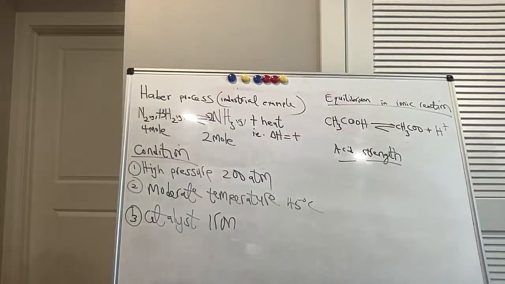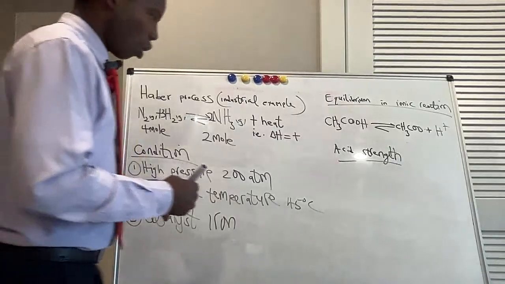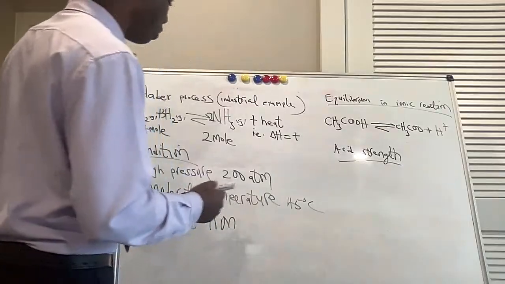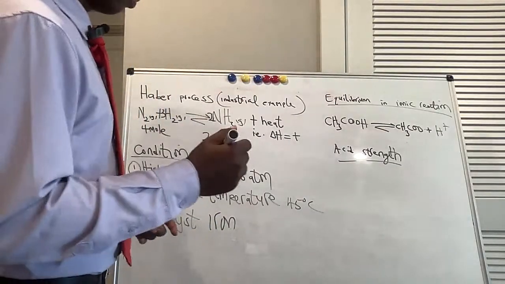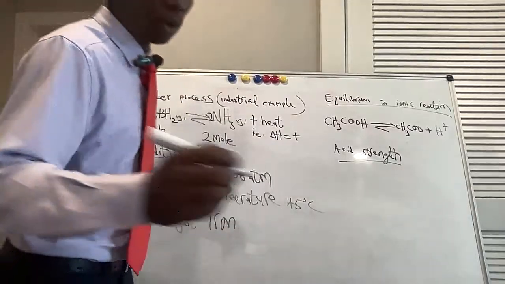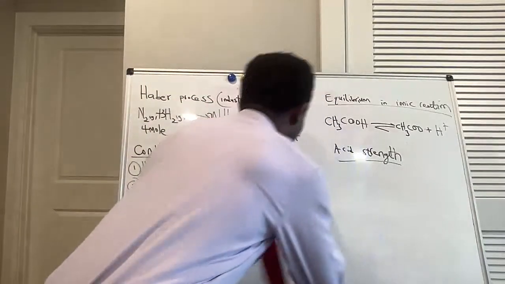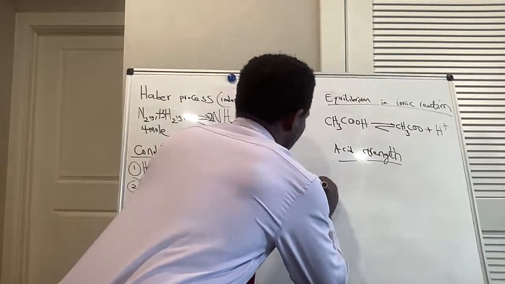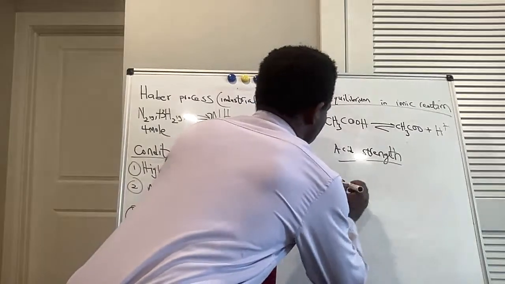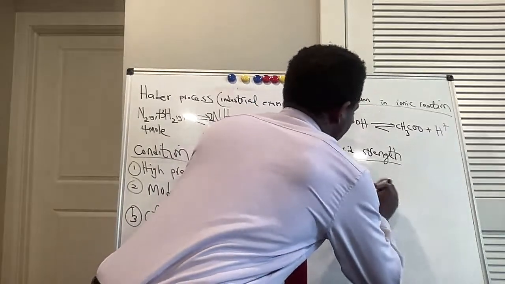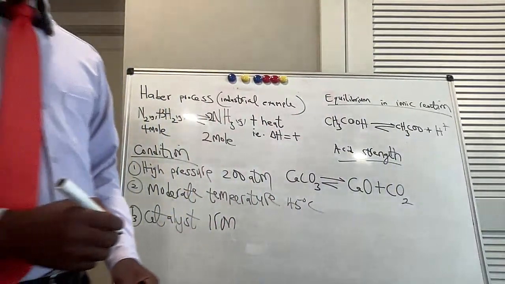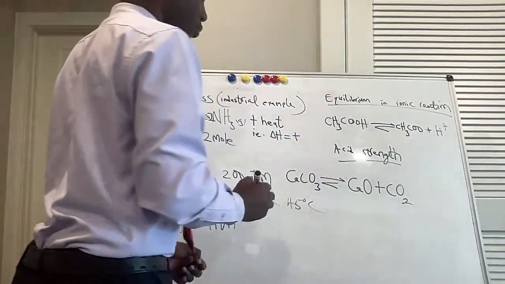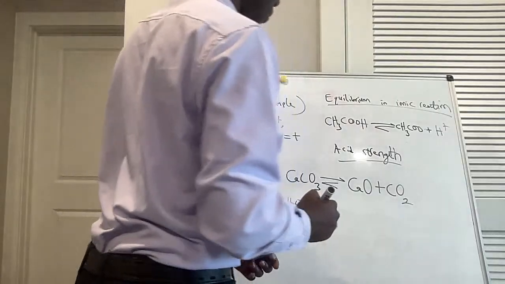So now, before we proceed, I want us to look at this together. What is the effect of change of concentration in this reaction, when calcium carbonate reacts to give calcium oxide plus carbon dioxide?